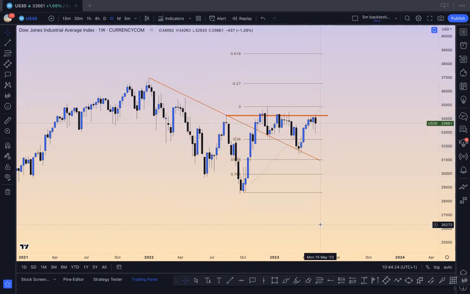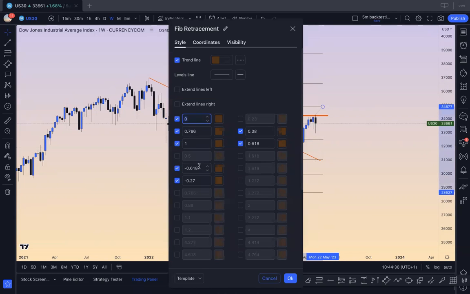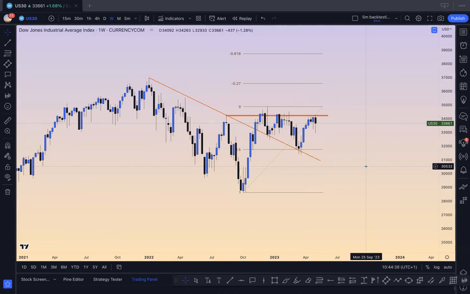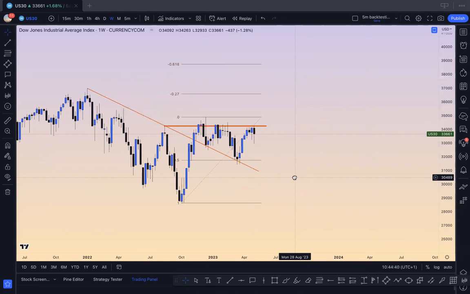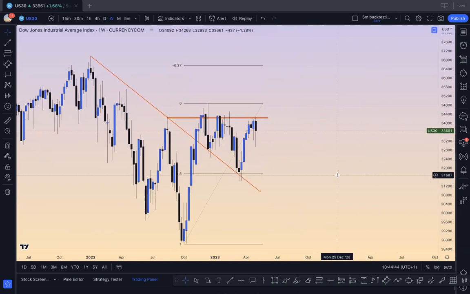Because it's still open and I want to see, well, this is probably a 50%. 50%, and let's delete the other 38. All right, perfect.